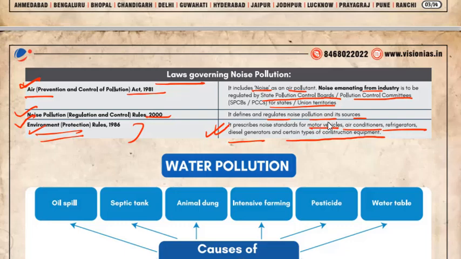You have seen some people modify their bike by changing the silencer. The police can fine them, and this regulation comes under the EPA, because there are limits for the noise which can be generated by these vehicles.